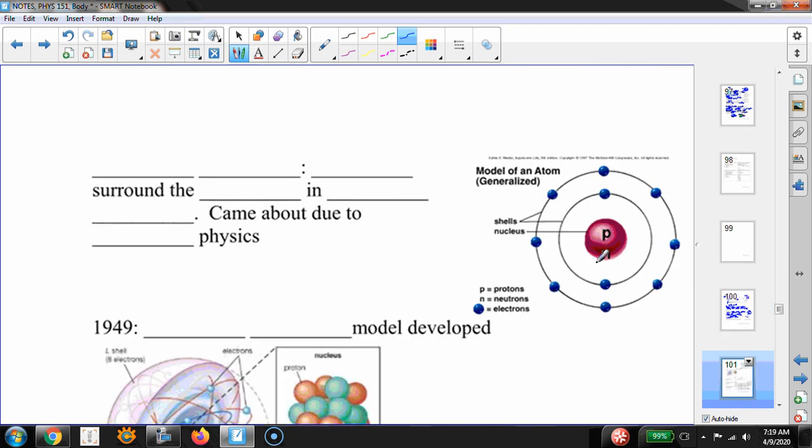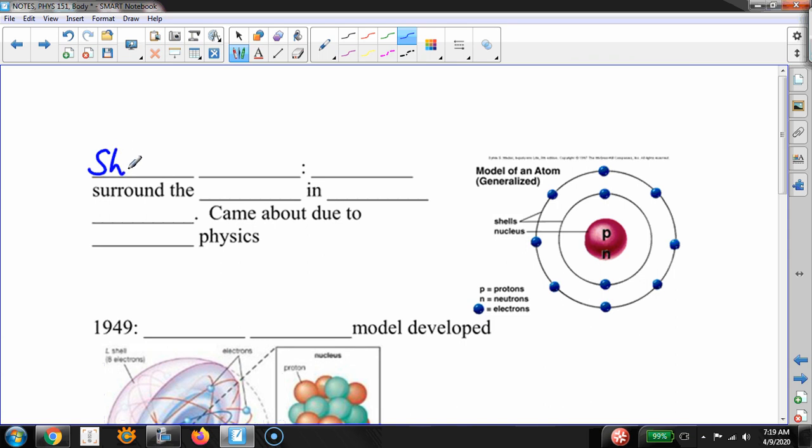Continuing on with models, the shell model. In this model, the electrons surround the nucleus in discrete shells.